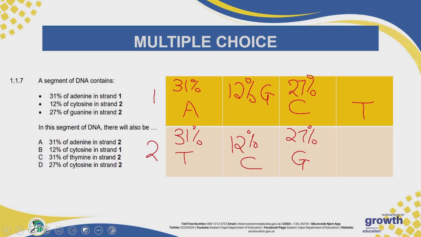And 43 plus 27 gives us 70. So which means that we are left with what from 100%? 100% minus 70 gives us 30%. It gives us 30% of T.